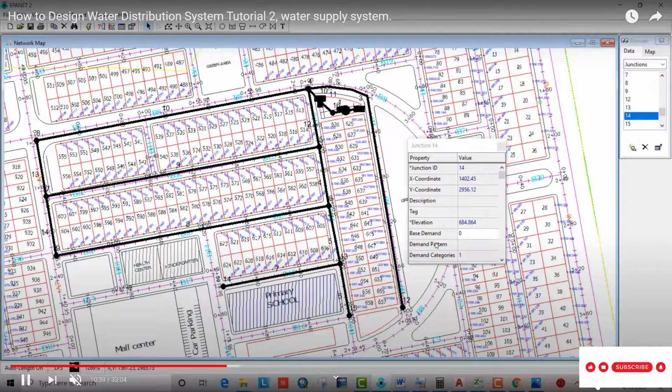For this node we have to provide 0.752 liter per second.